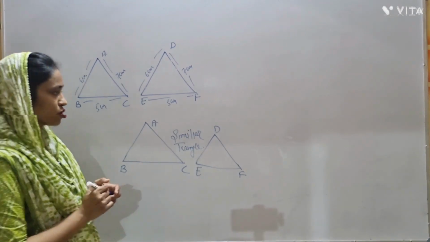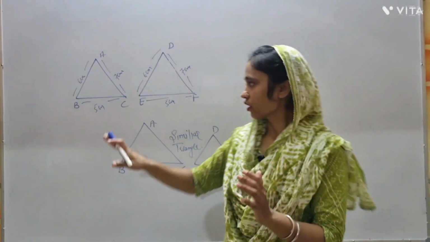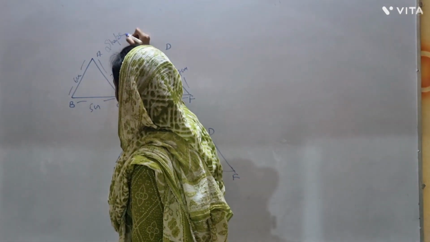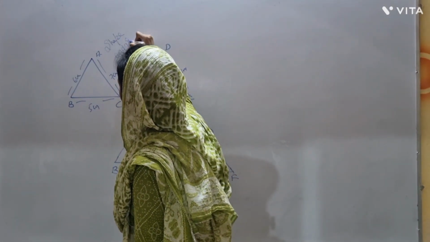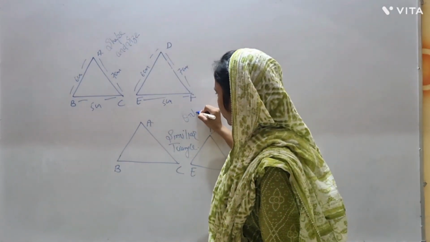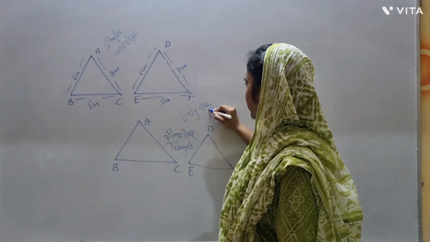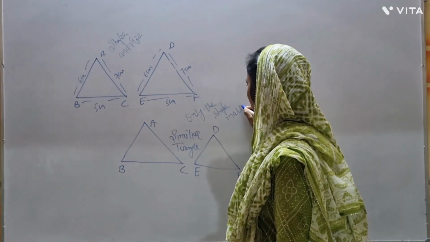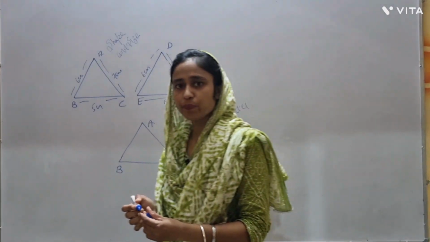So the main difference here: in congruency, shape and size both are the same, and here only the shape matters.